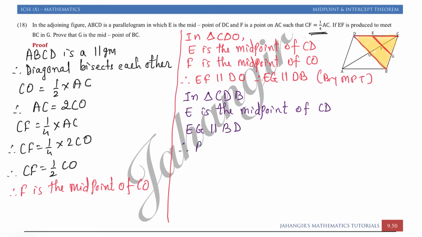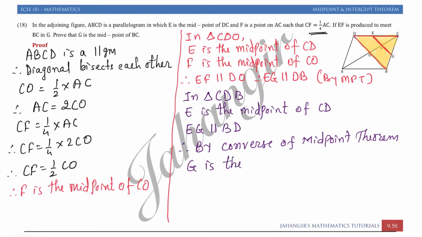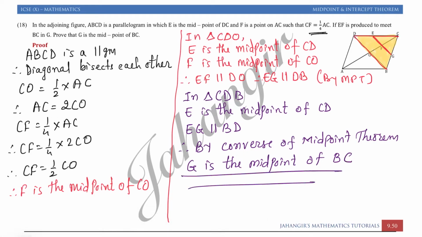So therefore by converse of midpoint theorem, G is the midpoint of BC. Hence proved what we want.